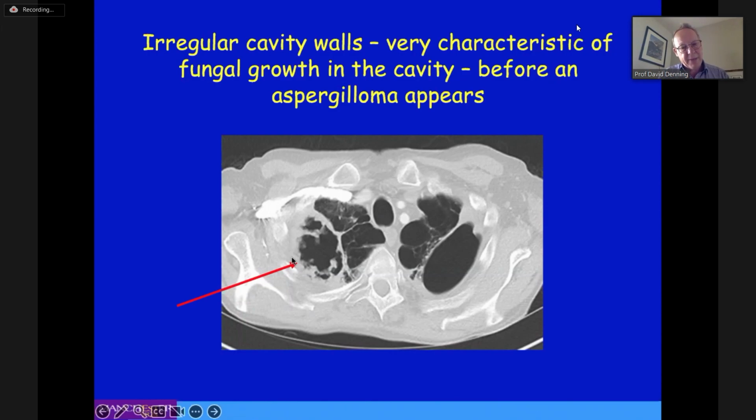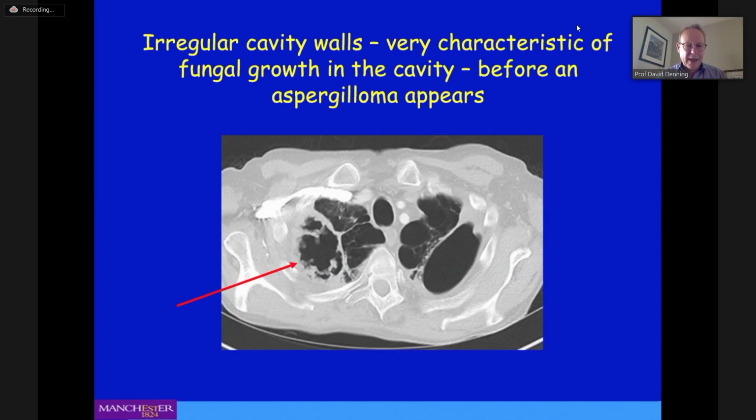And then you have a cavity with an irregular interior wall and pleural thickening, and this is all fungal growth within that cavity. So this is not an aspergilloma, this is pre-aspergilloma, and it's much better to try and make the diagnosis at this earlier stage than wait for an aspergilloma to appear.